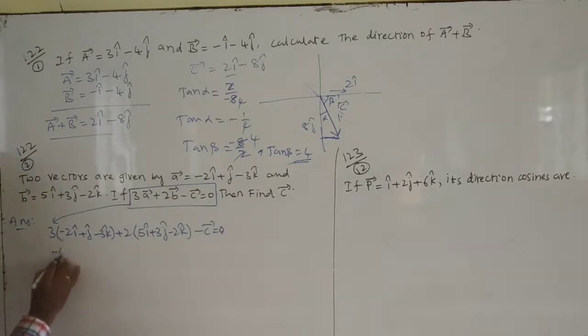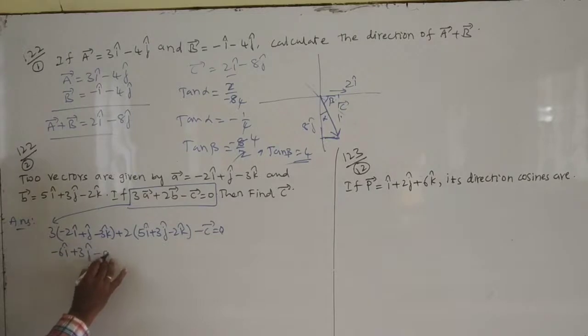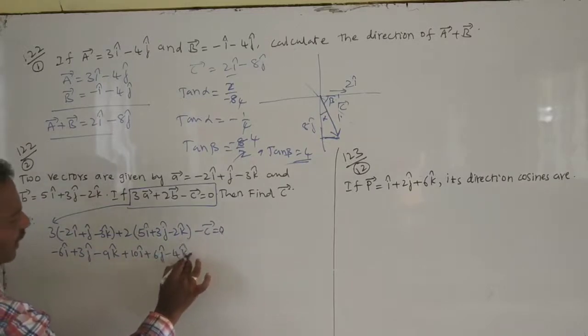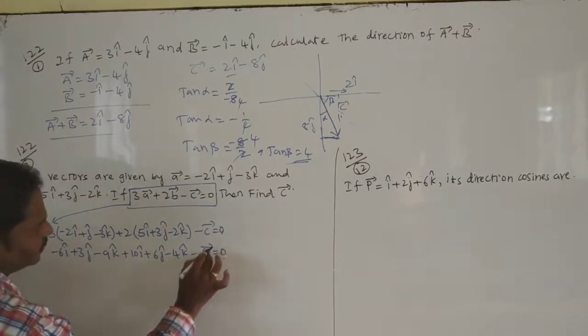So in between minus 6 I cap plus 3 j cap minus 9 k cap plus 10 I cap plus 6 j cap minus 4 k cap minus c bar equals to 0.